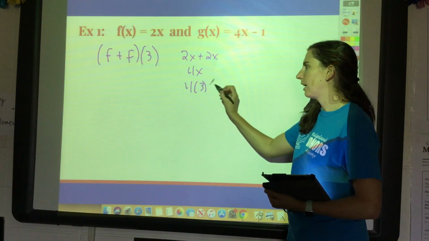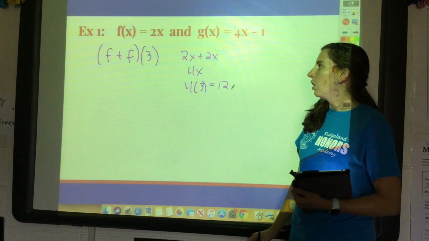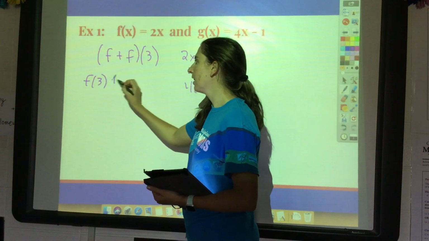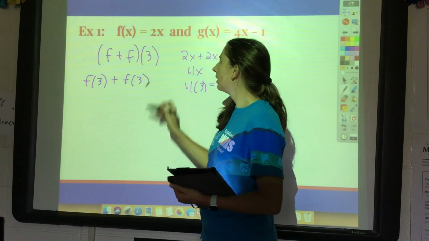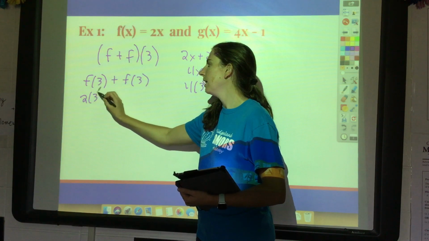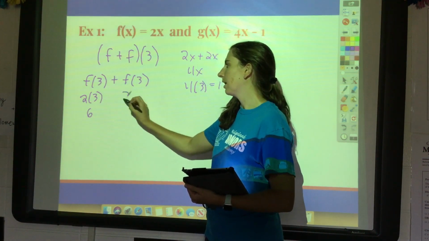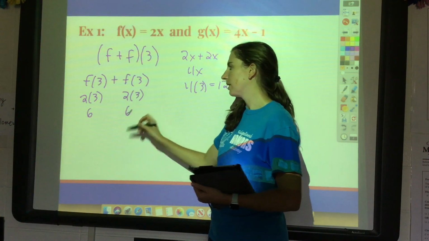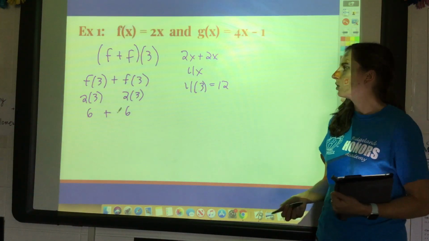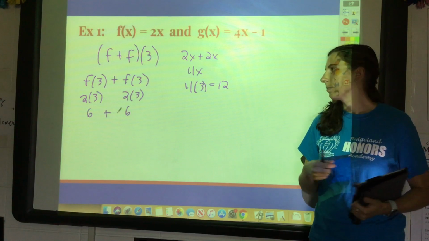So 4 times 3 is 12. Or I could separate it and do f of 3 plus another f of 3. If I put in 3, I get 2 times 3, which is 6, plus another 2 times 3, which is 6. And if I add them, I also get 12. So again, you can do it either way.